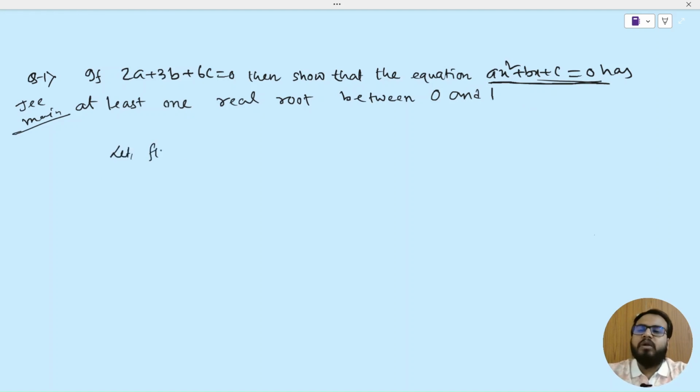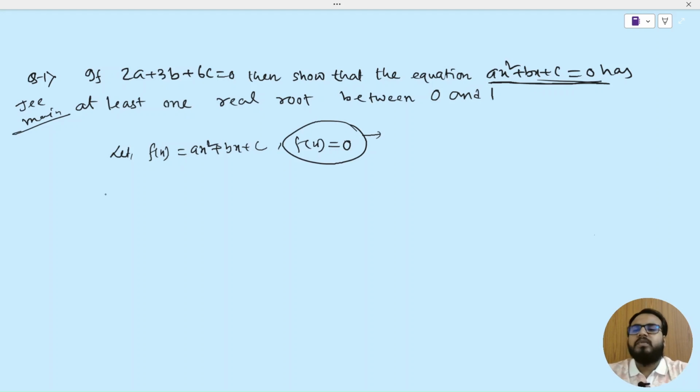Let small f(x) = ax² + bx + c. Therefore, we have to find a root of this equation lying between 0 and 1. So, in order to find the root, we have to construct another function capital F(x) such that the derivative of capital F(x) is equal to small f(x). So, how can we find capital F(x)?